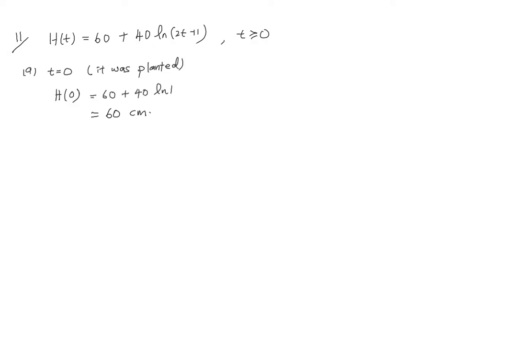Okay, then we go to part B. How long will it take for the tree to reach 150? So that means I say H is equal to 150. I want to know the time, how long. So I need to do 150 equal to 60 plus 40 ln (2t plus 1).